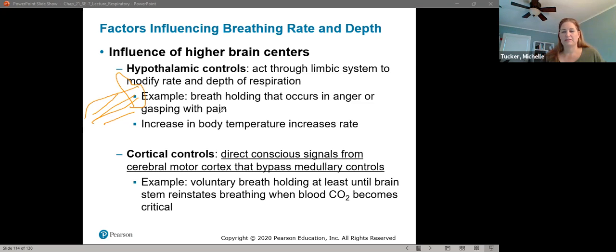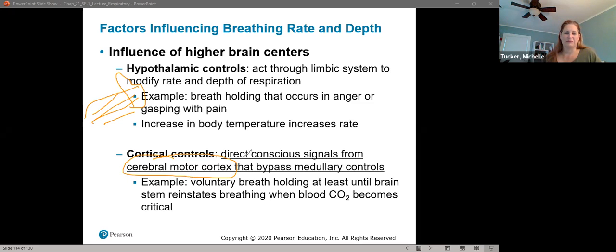So the hypothalamus can play a role, as well as the cerebral motor cortex. As I mentioned, we can control our breathing to some extent. Those chemical controls will override, and they'll override pretty quickly because we need to have constant, consistent oxygen availability and CO2 removal.